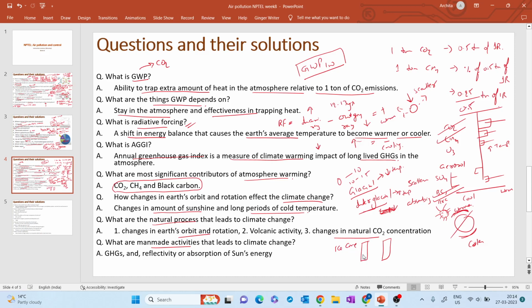Ice cores generally have a habit of trapping CO2. So they study this CO2 which is trapped in the ice cores, and they find the time.